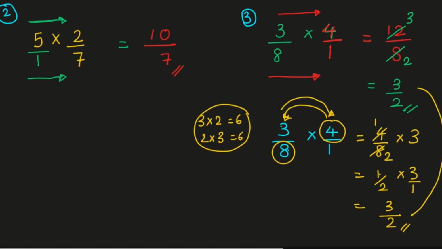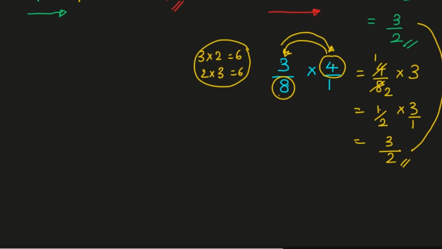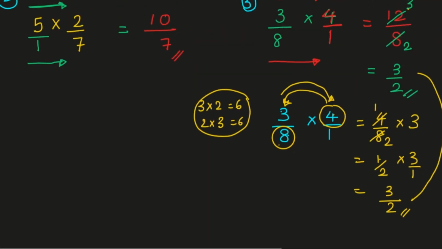So instead of dividing at the final answer, you can divide here as well. Why go for the final answer in order to simplify? Let's simplify the same question at the first place, then it will be easy for you to calculate. So what's the original question? 3 upon 8 into 4, right?